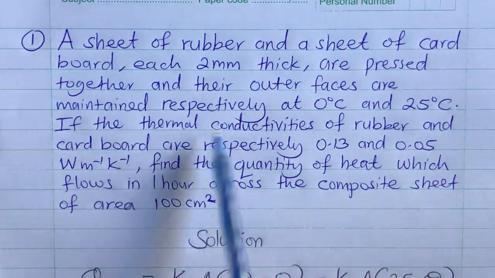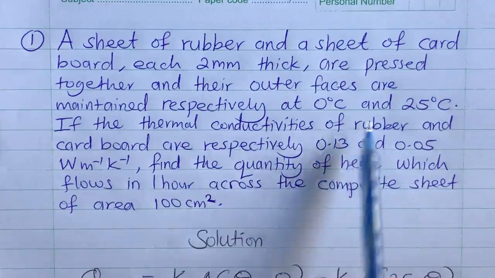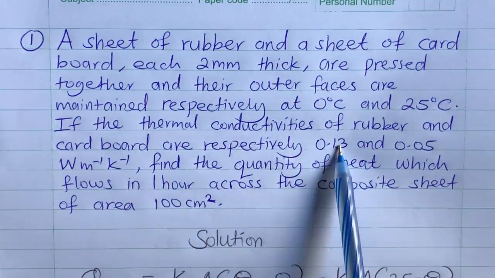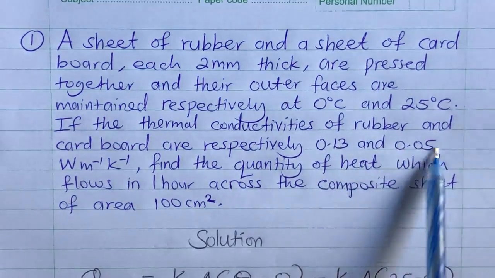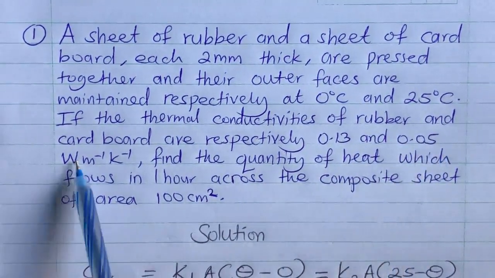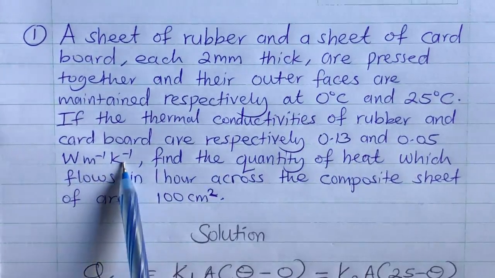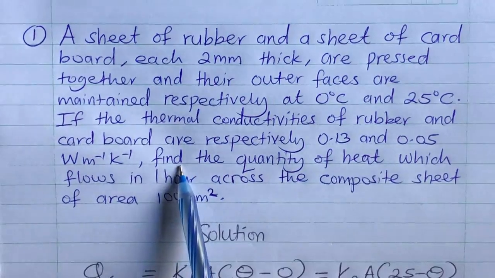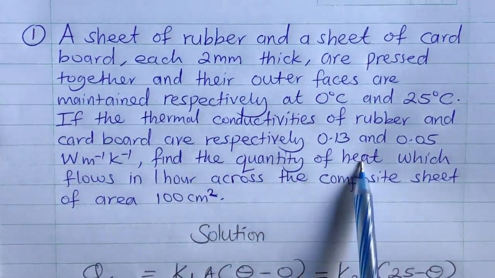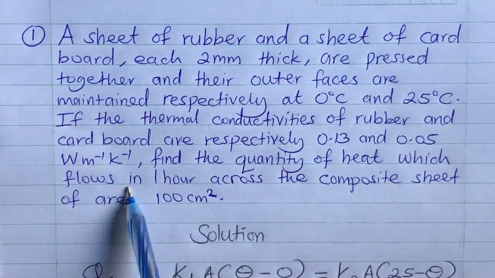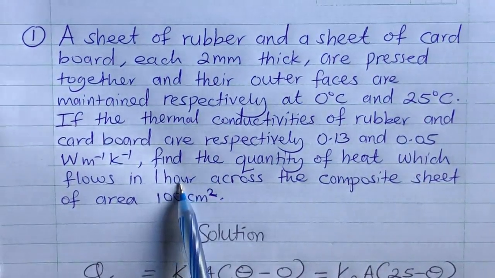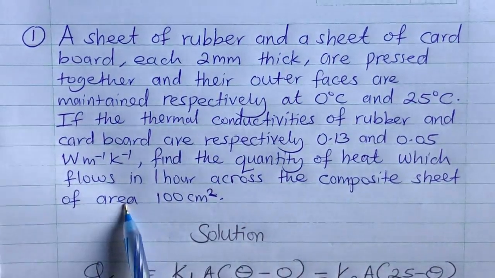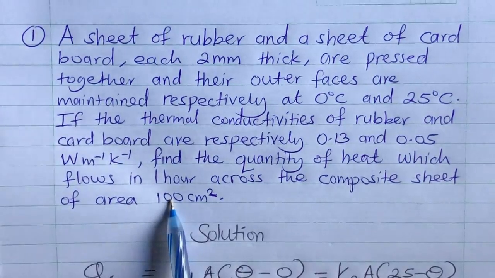If the thermal conductivities of rubber and cardboard are respectively 0.13 and 0.05 watts per meter per Kelvin, they want us to find the quantity of heat which flows in 1 hour across the composite sheet of area 100 centimeters squared.